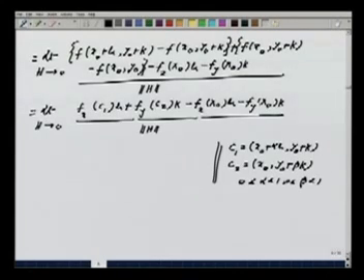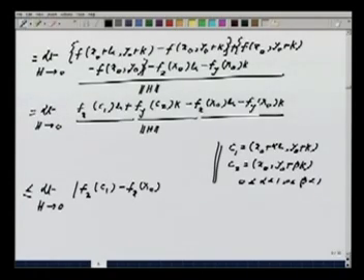Now the point to note is that I can write that this is less than or equal to the limit as h goes to 0 of modulus of fx at c1 minus fx at x naught, plus modulus of fy at c2 minus fy at x naught.